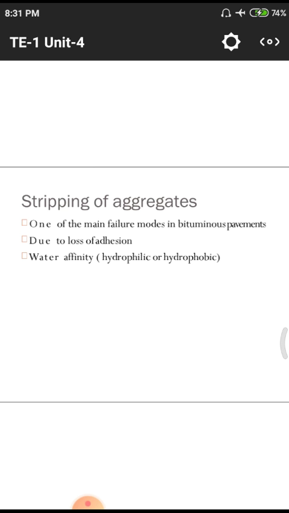Why? Because in the bitumen pavement we are using tar or bitumen as a binding material. If we do not mix properly, there is no proper bond between the particles, and that leads to this stripping.